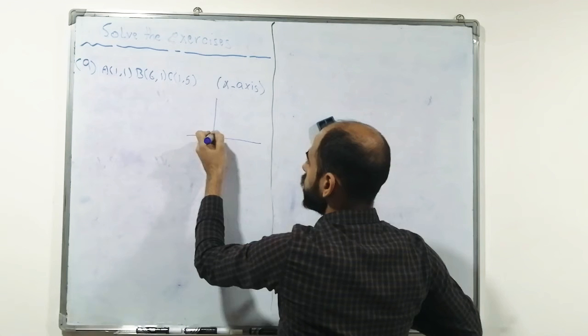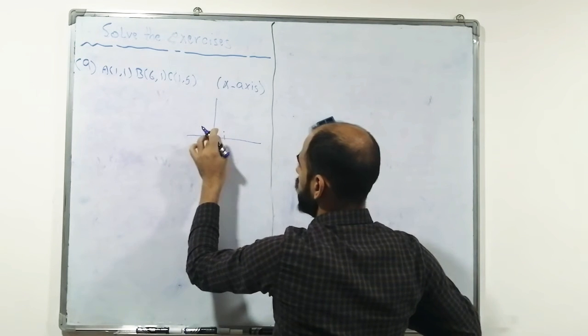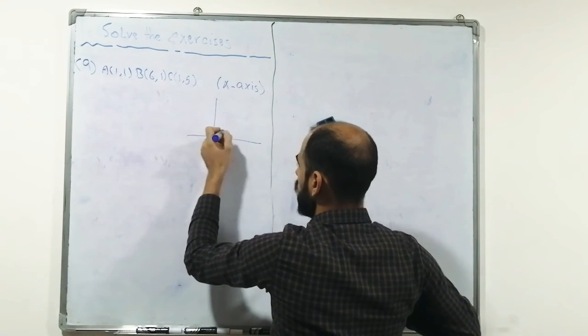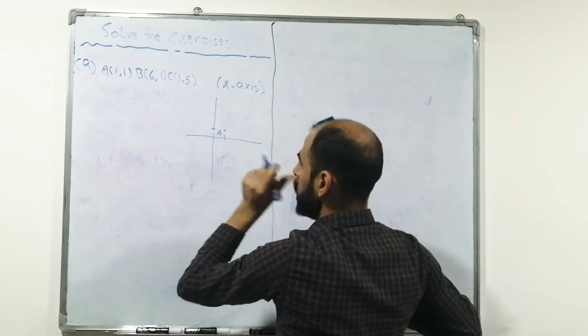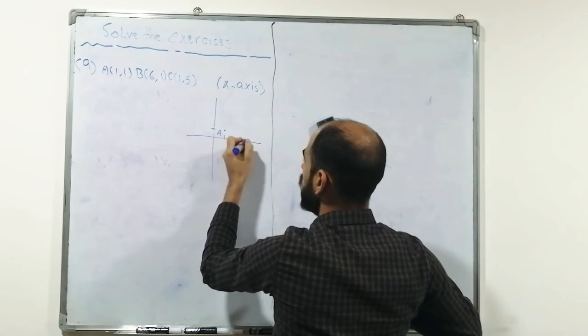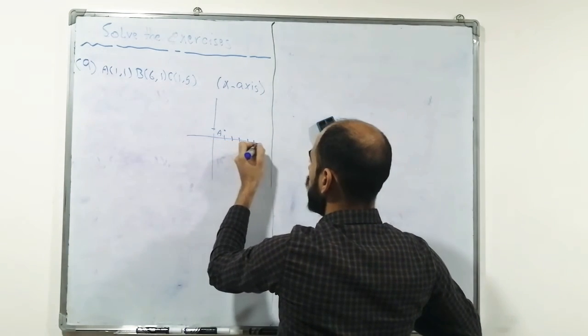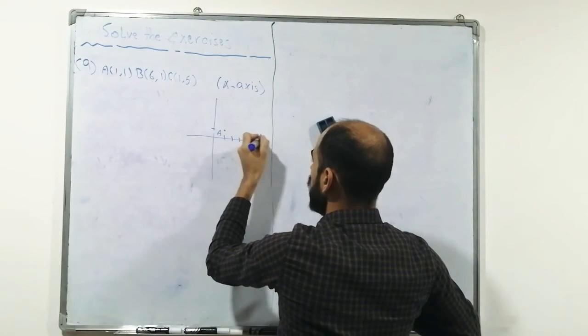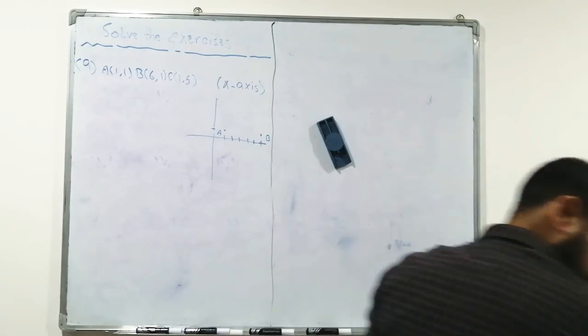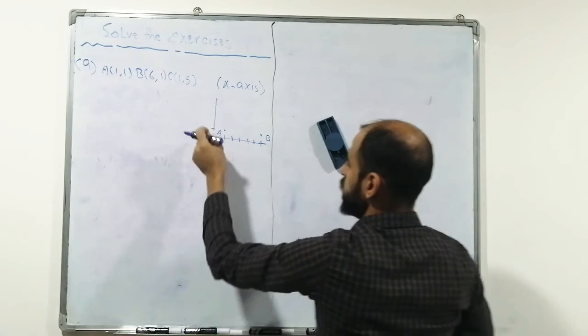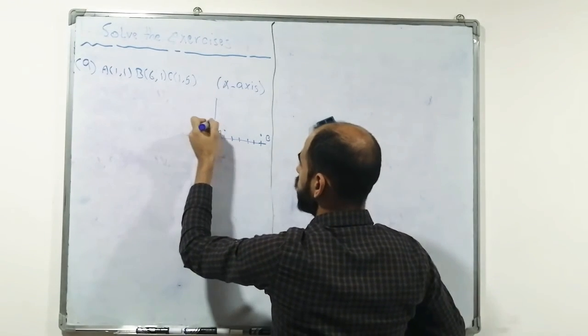(1, 1), this is the point A, and B (6, 1), and the point C is (1, 5).